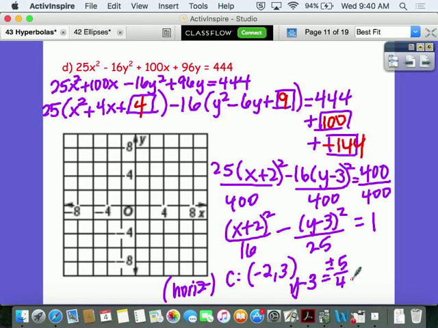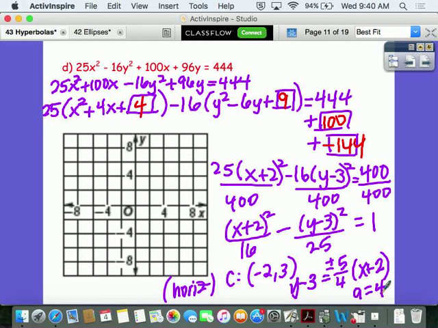So our center is still positive 3. So it's going to be y minus 3 equals plus or minus 5 over 4 times x plus 2. And what's the value of A? A is 4, and B is 5.